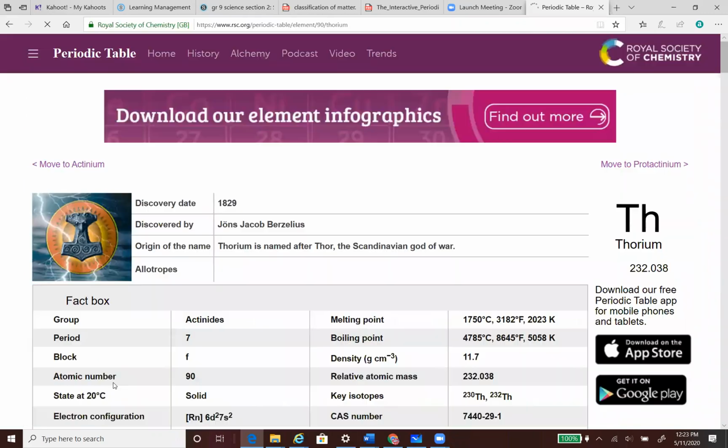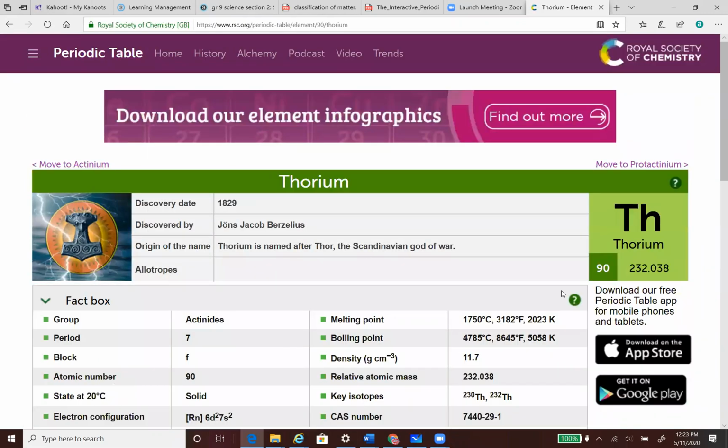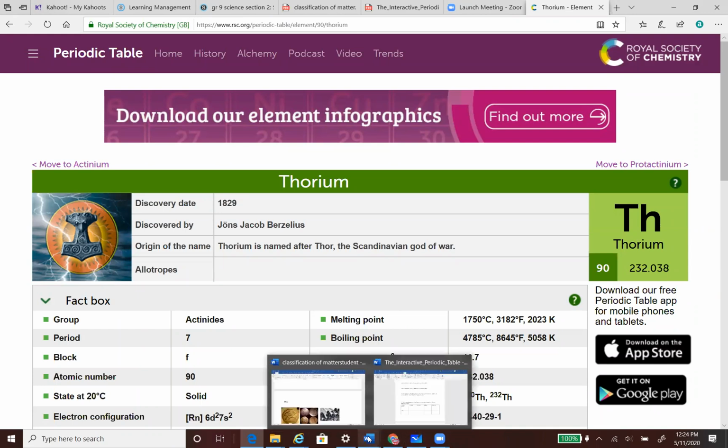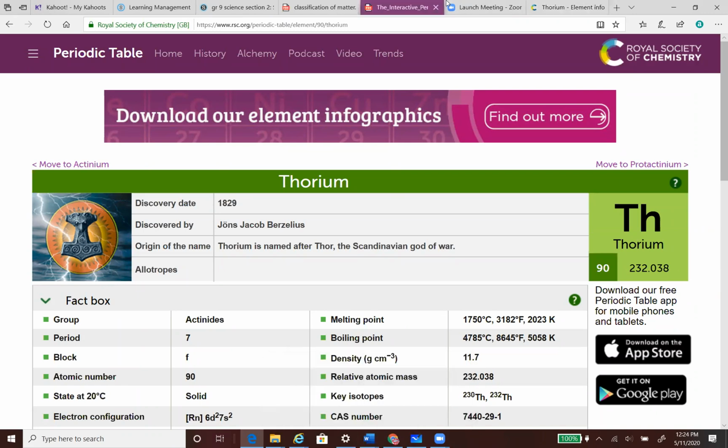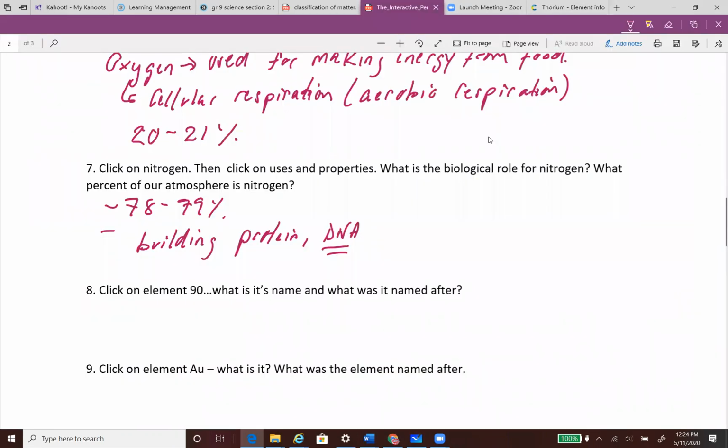It's thorium, named after the Scandinavian god Thor. You remember Thor from your Marvel superheroes.